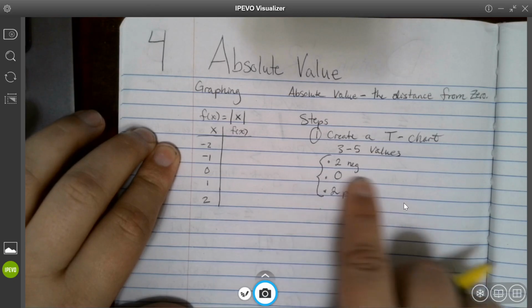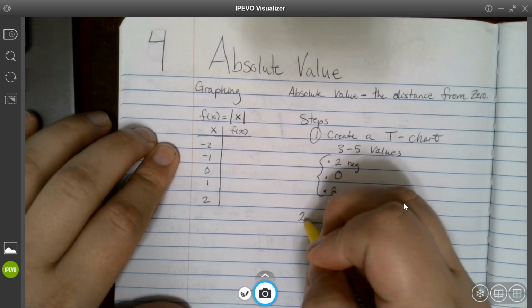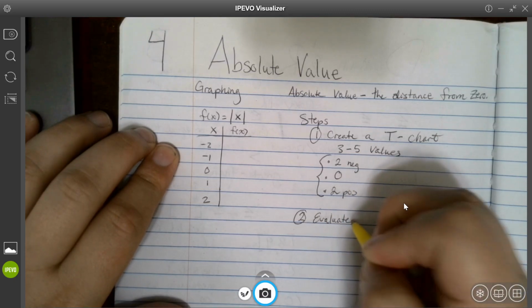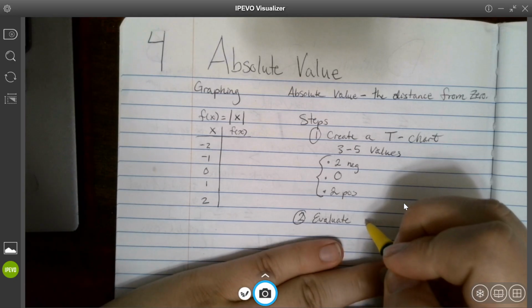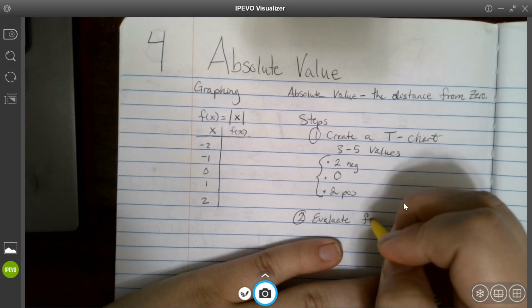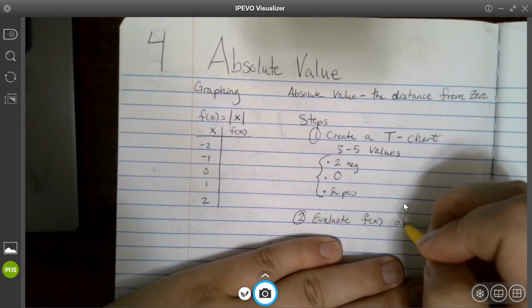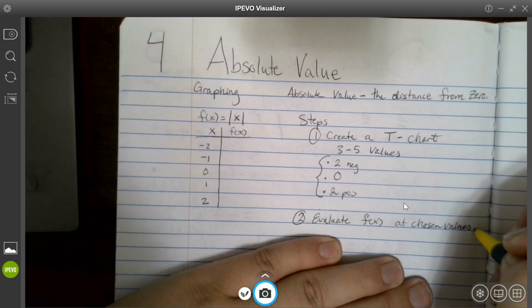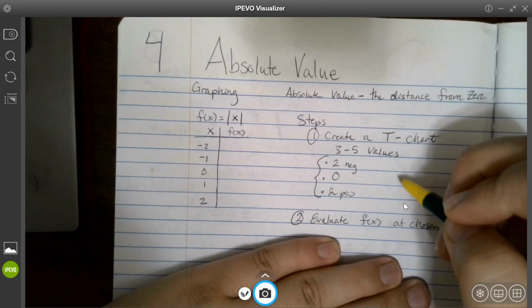We've picked our values. Step 2, evaluate your function at chosen values. I'm going to just make a little note.